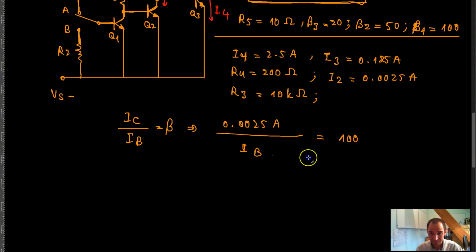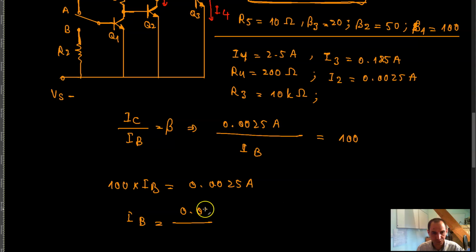Now, let's multiply 100 times I of B is equal to 0.0025 amp, which means that I of B is the same thing as 0.0025 amp divided by 100, which is equal to 0.000025 amp.